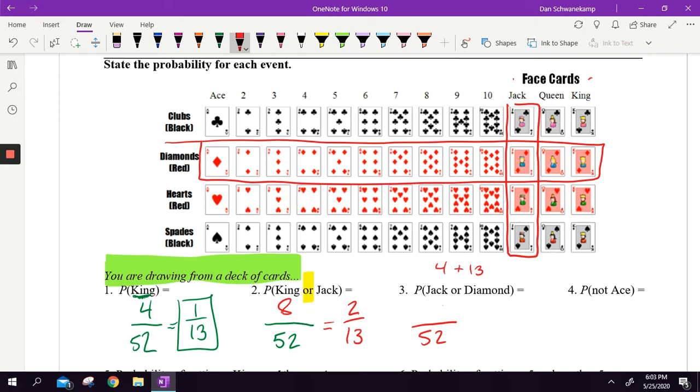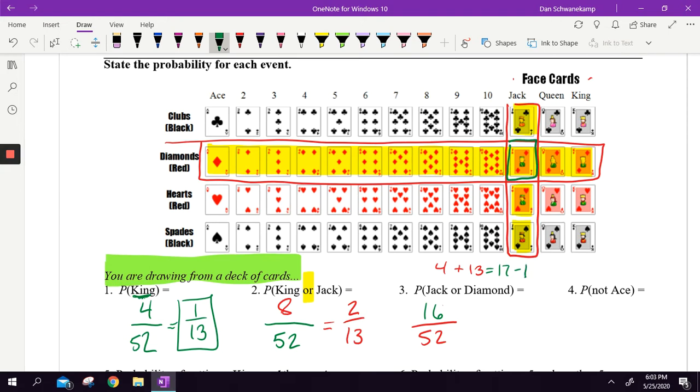Okay, the best way to do is look at this and count. There are 13, 1, 2, 3, 4, 5, 6, 7, 8, 9, 10, 11, 12, 13, 14, 15. There are 16 different possibilities here. Why is it not 17? Well, it would be 17 if I added them up, but I need to subtract any card that falls into both categories.